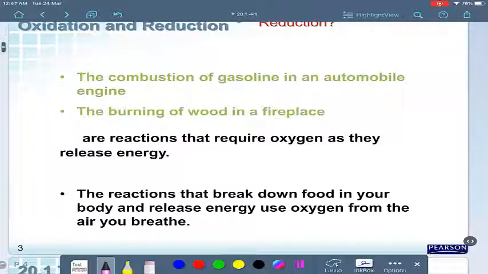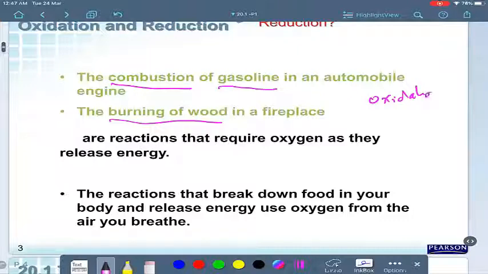You know, combustion of gasoline, which is used in cars' automobile engines, or burning wood, burning paper, all of these processes are oxidation. Why? There is no burning or combustion without reaction with oxygen.